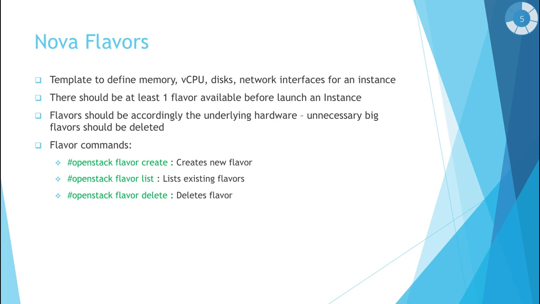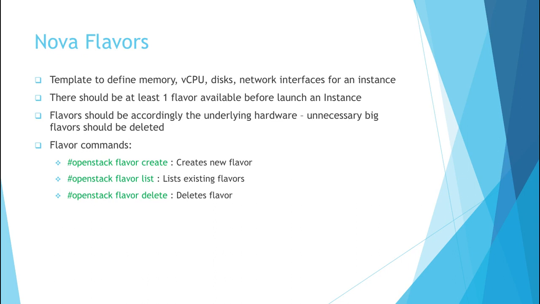Now the Nova flavor. A Nova flavor is a template to define memory, virtual CPU, disk, and network interfaces for an instance. For example, you may define at least 2 virtual CPUs and 4 GB of RAM, 2 disks with a size of 10 GB each, and 2 network interfaces. These kinds of specifications you mention in your Nova flavor. Next time when you launch an instance, you can select that Nova flavor and launch your instance with the proper hardware configuration.